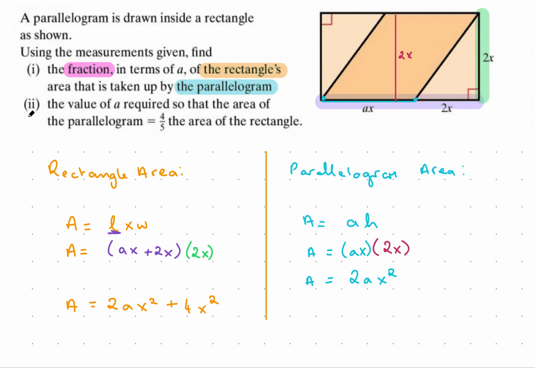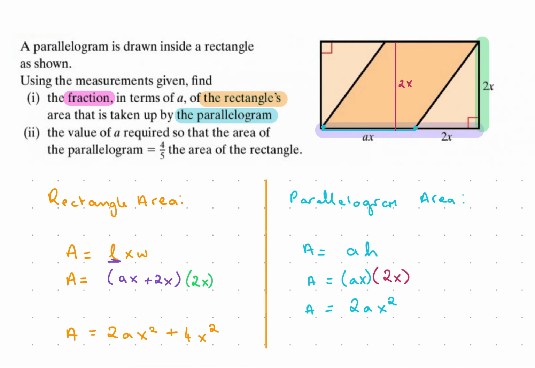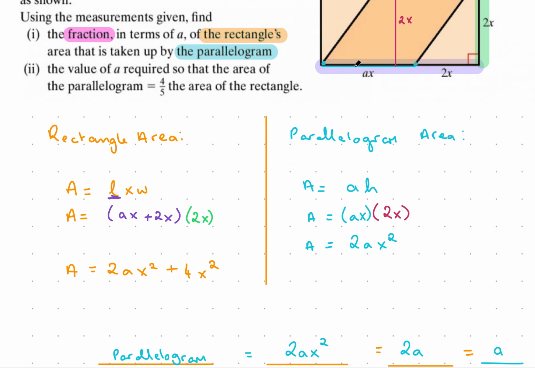Now, part two of the question says, find the value of a required so that the area of the parallelogram is 4/5 the area of the rectangle. If the parallelogram is 4/5 of the area of the rectangle, that means that this area in here is 4/5 this area.